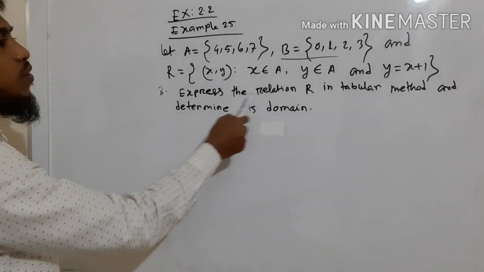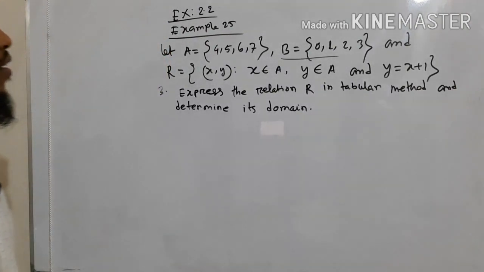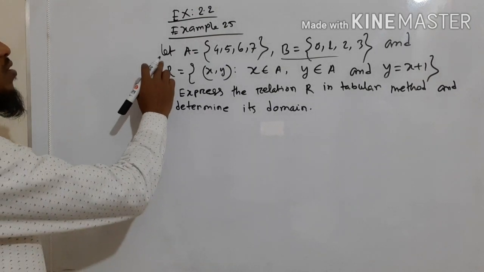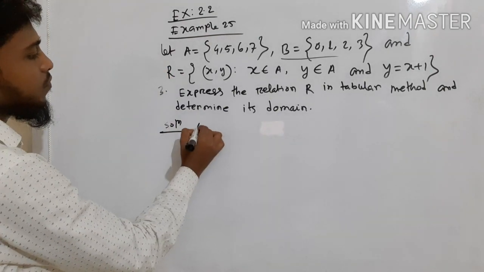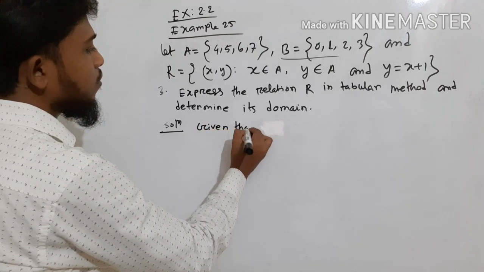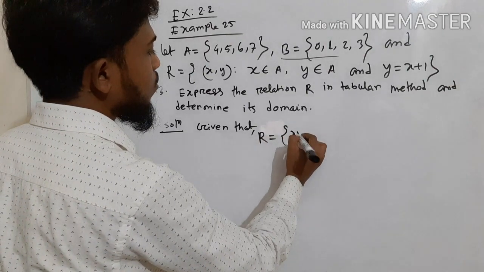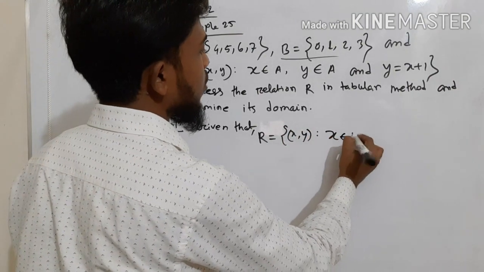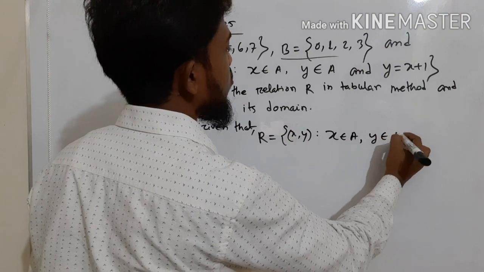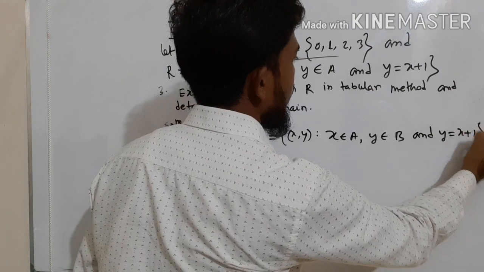Question number 3: express the relation R in tabular method and determine its domain. First of all I will find the required relation from the initial relation. Given that R equal to {(x, y) such that x belongs to A, y belongs to B and y equal to x plus 1}.